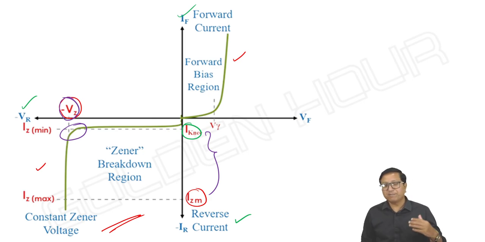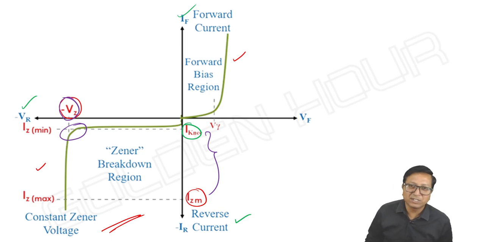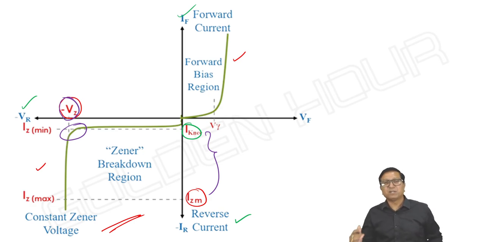There is a minimum limit for V input, no doubt about it, such that current through the Zener diode should not fall below knee current, and there is an upper limit for V input such that current through the Zener diode should not exceed IZM. As long as the current through the Zener diode is within this range, it maintains constant output voltage VZ across it.